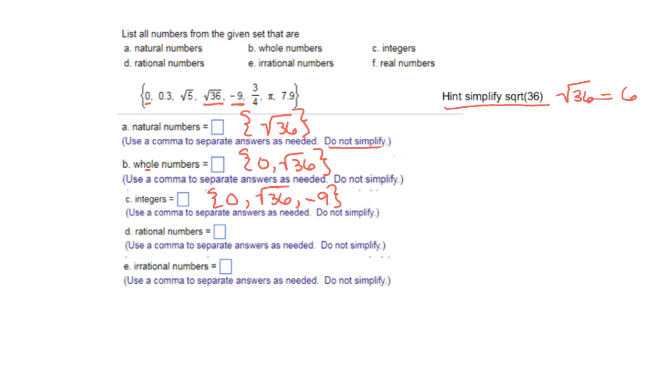All right, take a look at rational numbers. Remember, the rational numbers are values that we can rewrite as a fraction, but that fraction, when we place it in our calculator, is a terminating decimal. In other words, it stops. Or we have a repeating decimal with a bar on it. So in this case here, I am going to add on the 3/10 or 0.3 right here because it stops.